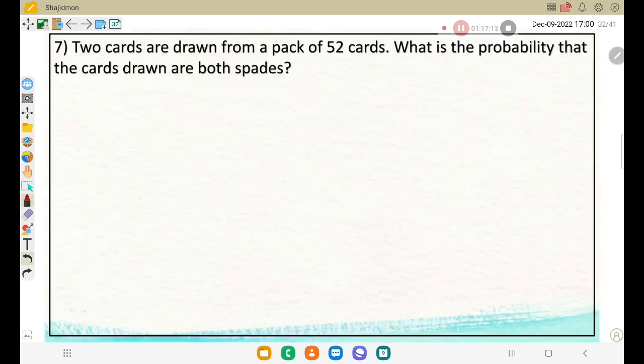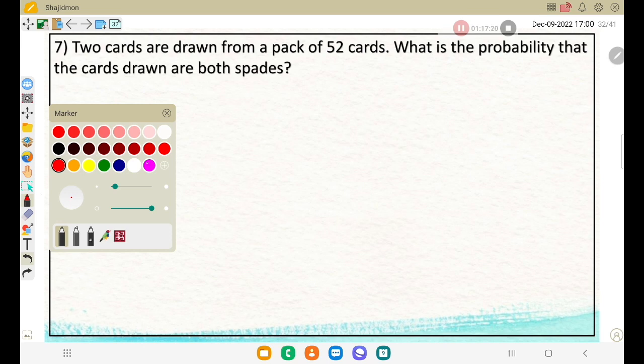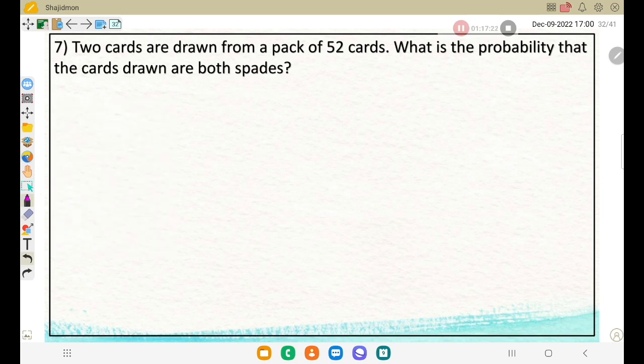Okay, now let me go to question number 7 here. Now the questions are a little different. 2 cards are drawn. How many cards? Not 1 card. 2 cards are drawn from a pack of 52 cards.